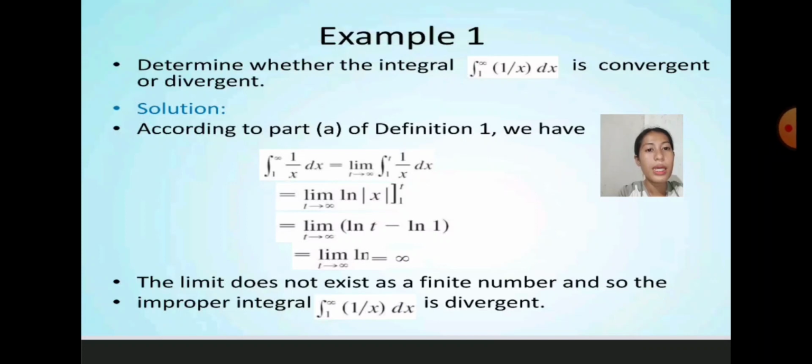So the limit does not exist as a finite number, and the improper integral of 1 over x dx is divergent.